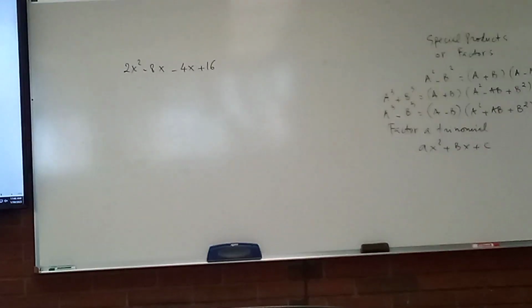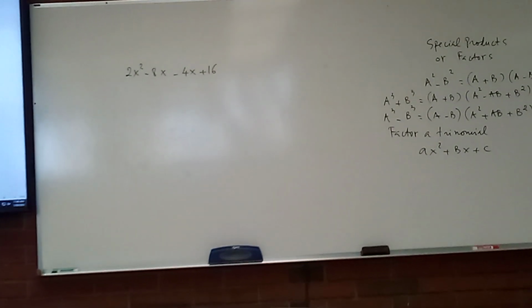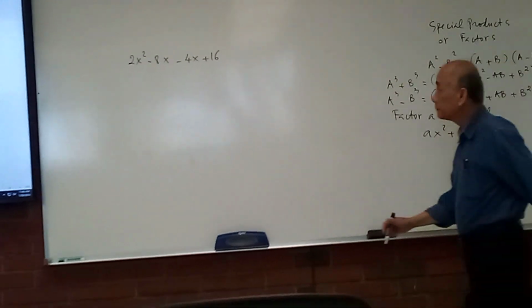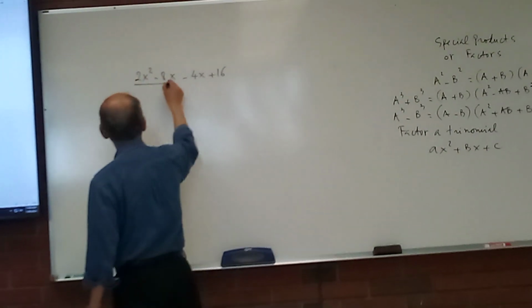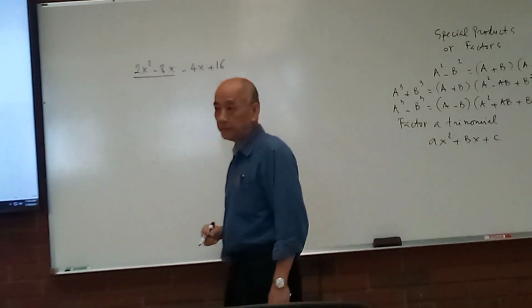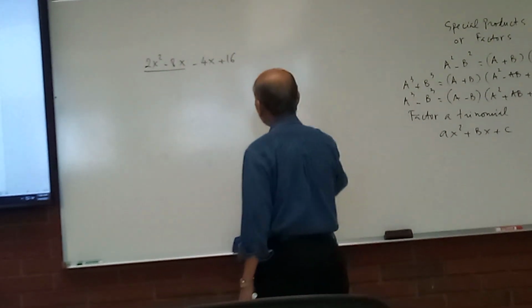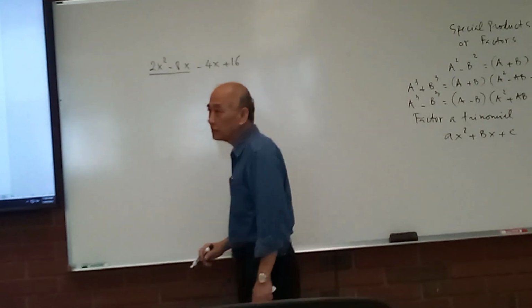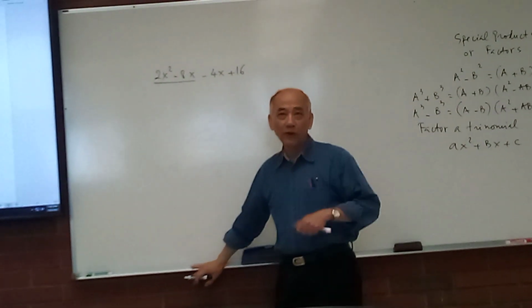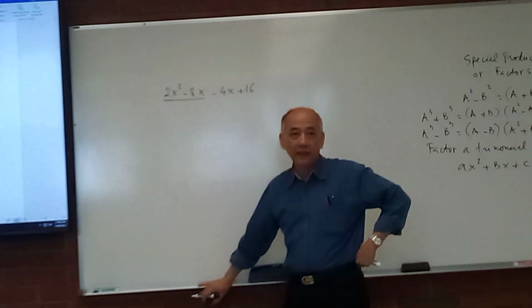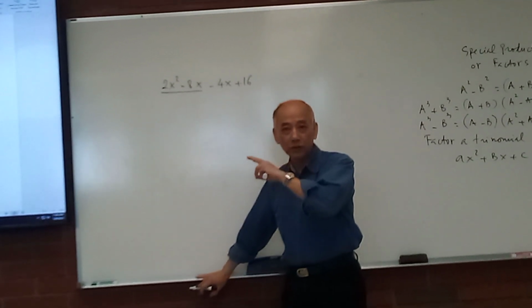So we group into 2 groups. What's the greatest common factor of these 2 terms? Before that, the first one, let's not do it the right way, because this is lengthy. So let's do this one, and I'll show you.